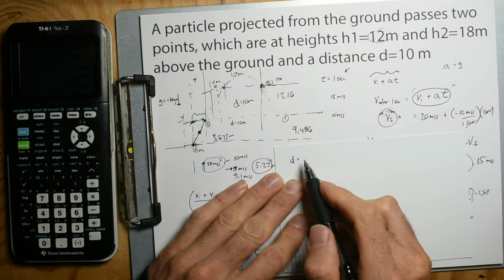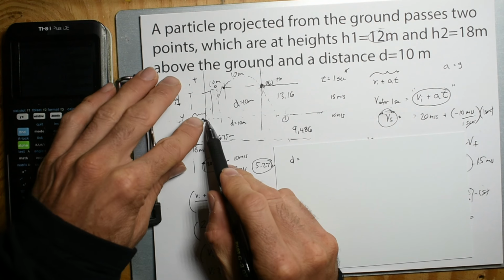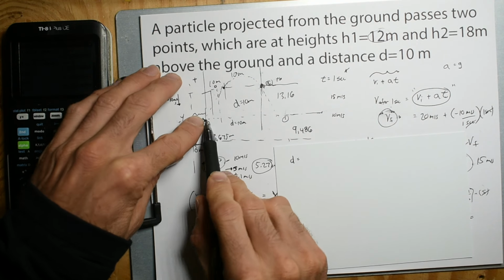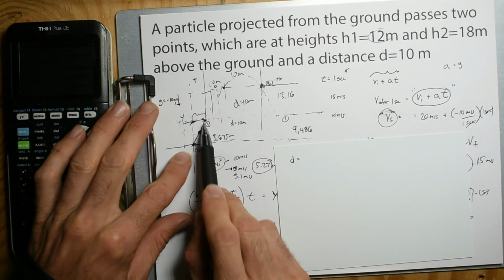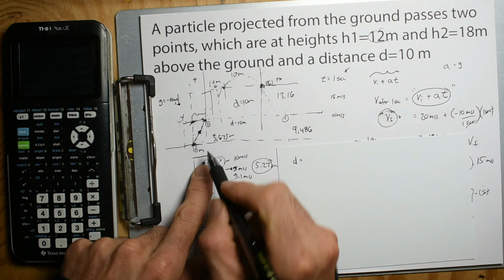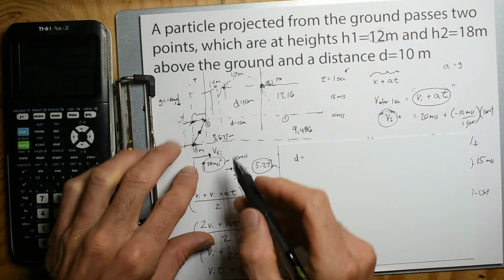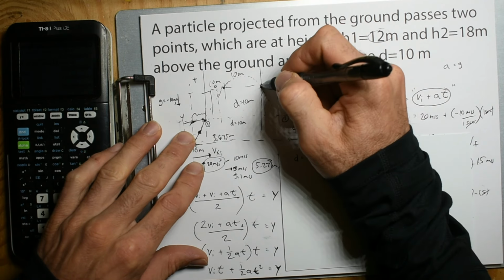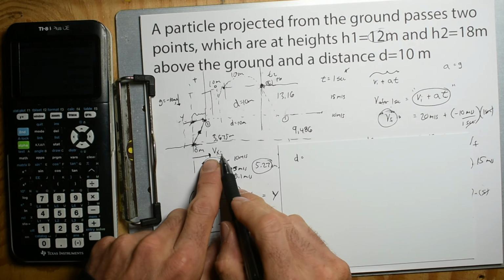Our distance equation is based on the time it takes to get to this first point. If I know the time it takes to get to point 1, I can multiply it by the velocity in this direction that is always constant. That's the velocity in the x initial that never changes. Then I can find the time to get to the second point, t2, and also multiply by the initial velocity.